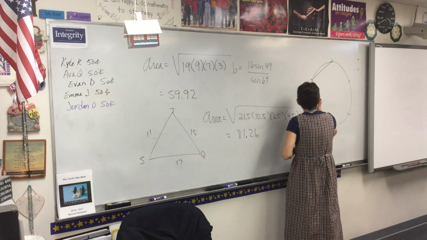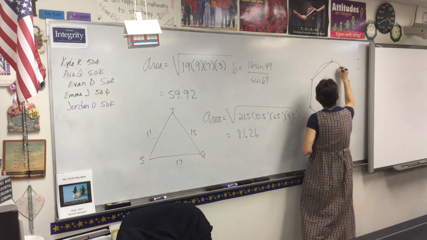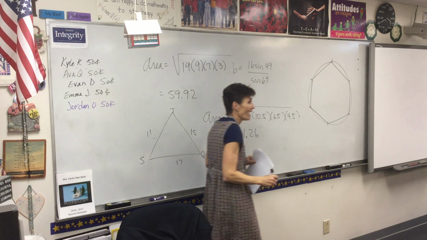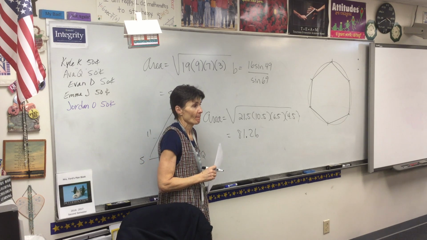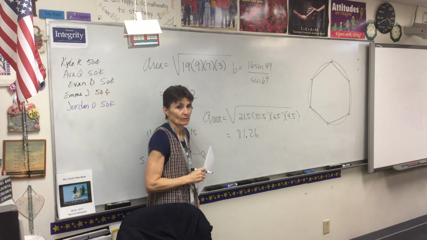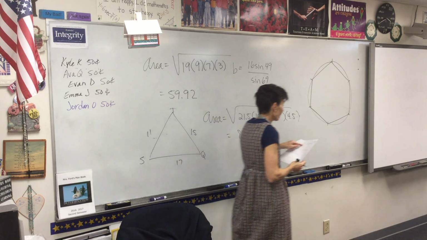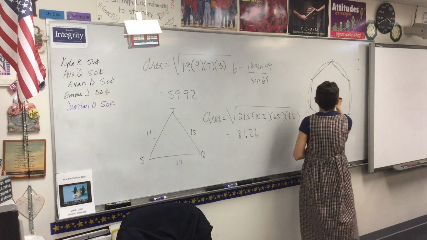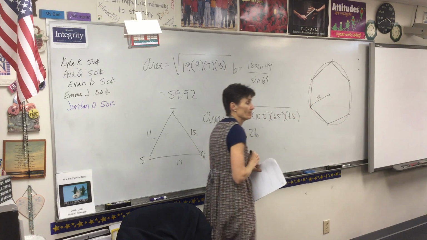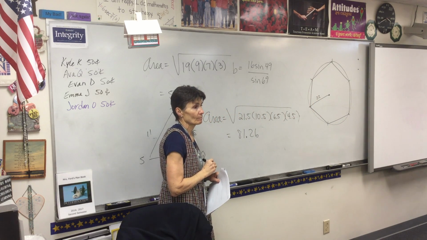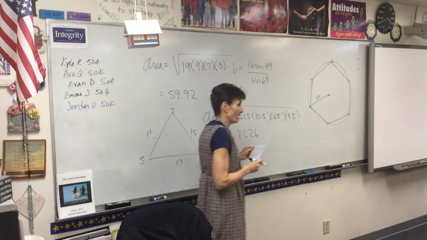Join the hash marks with segments, and you will have created a regular hexagon inscribed in a circle. Mine does not look good. Now, we are finding the area, and the radius is 22 feet. We are going to find the area of that guy.